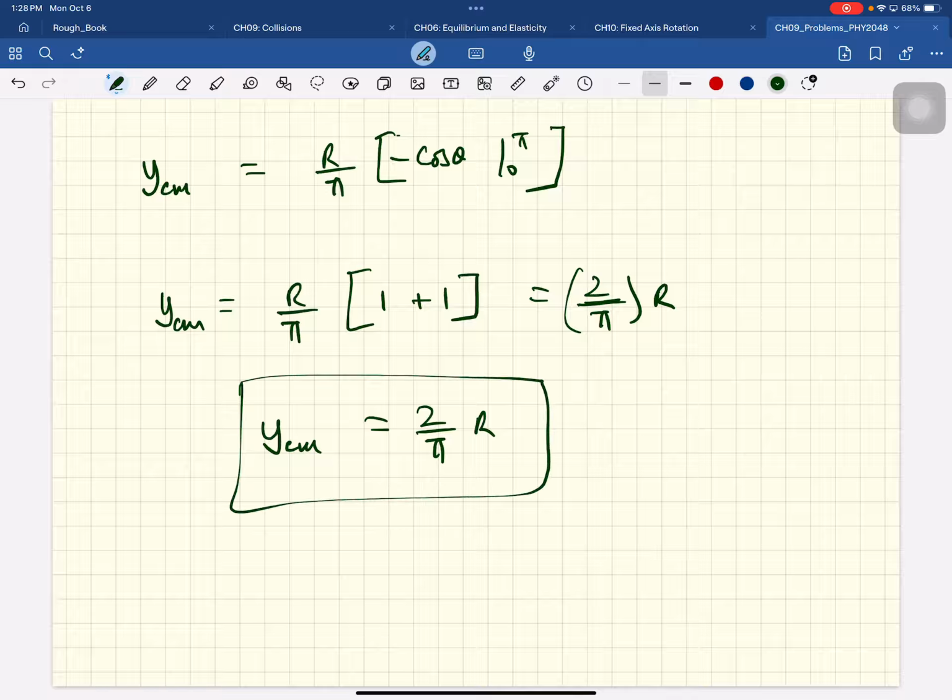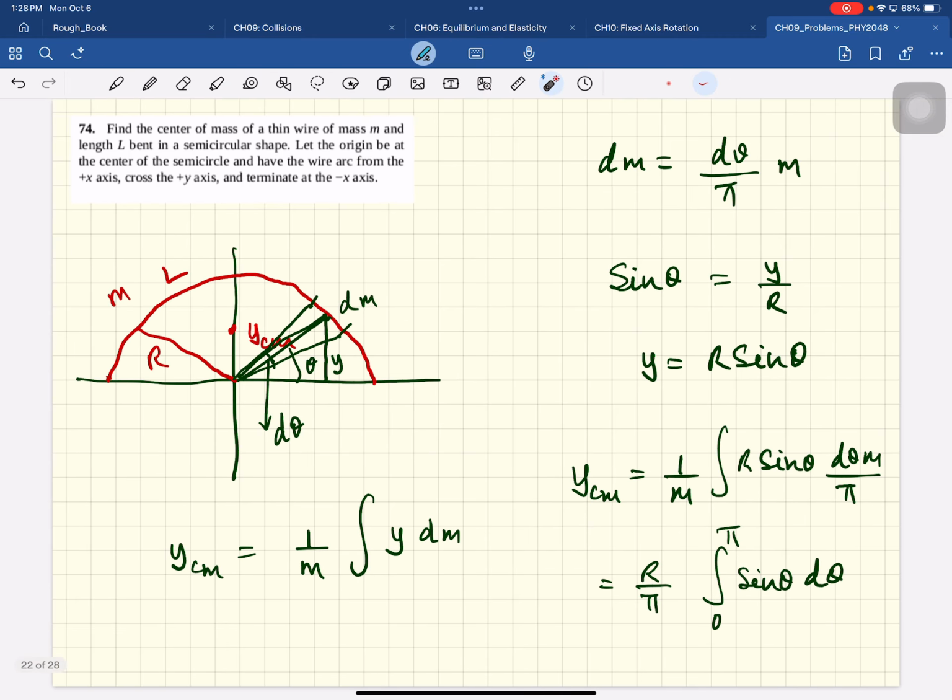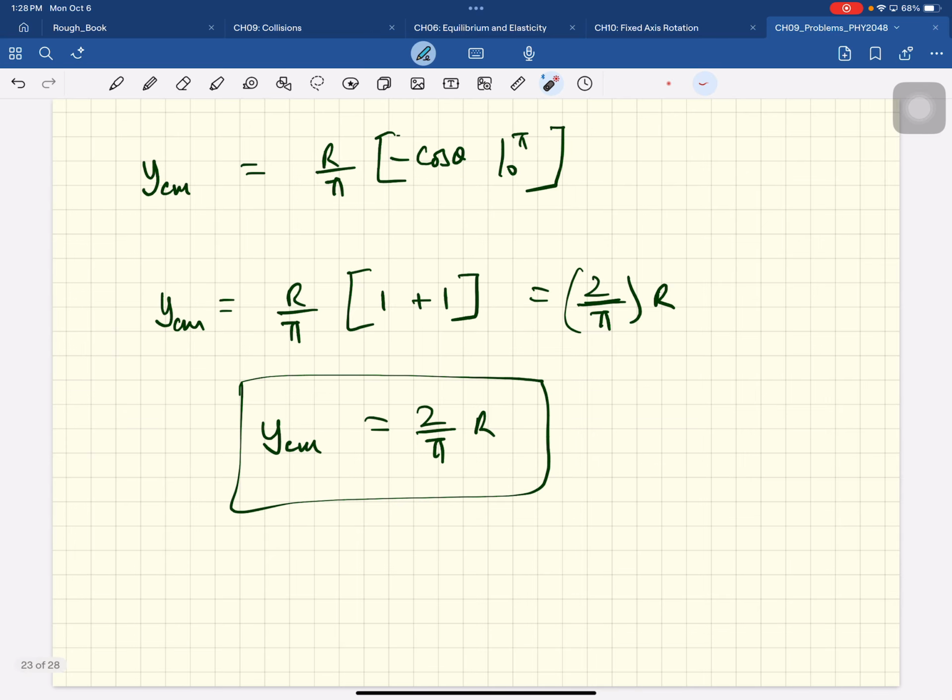Let's see if this makes sense. Well, you know that the center of mass has to be somewhere there. It has to be less than r. It can't be out there. And 2 over pi is less than 1, so it is less than r.